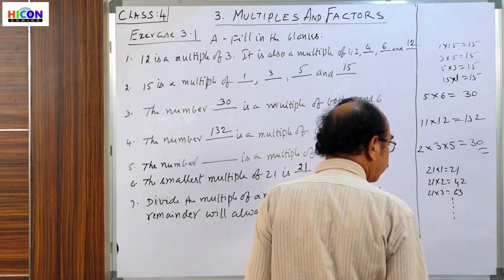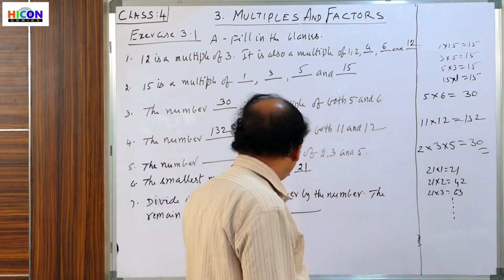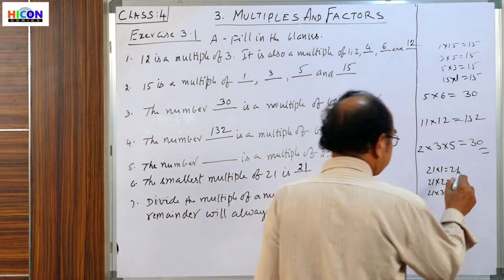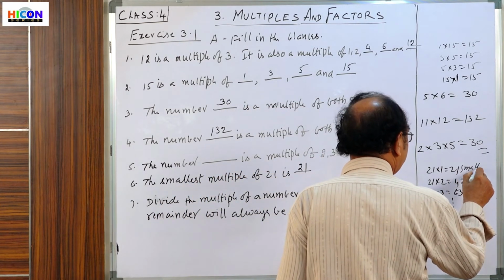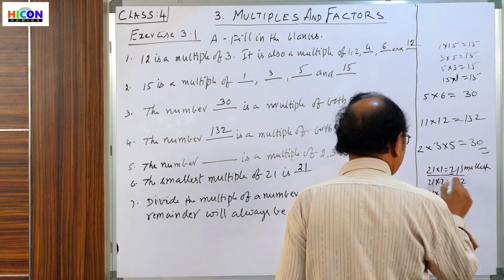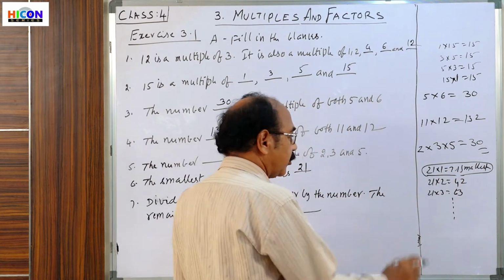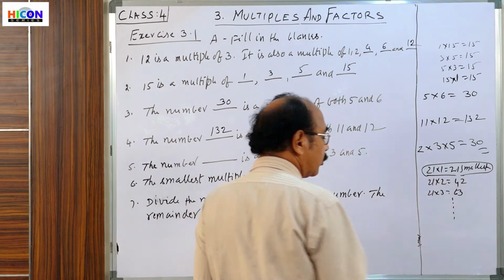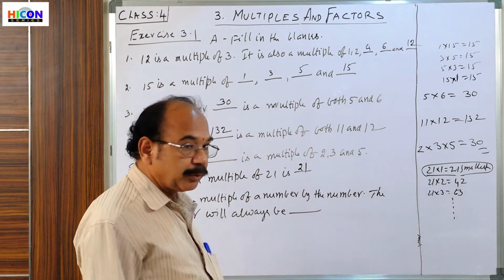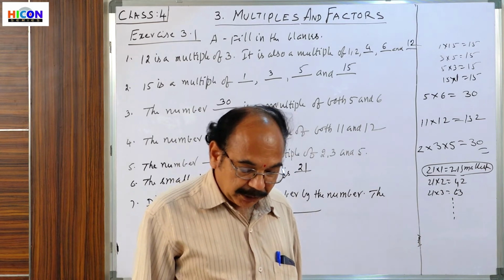Like this, the table will go on. What we have to mention is the smallest. So here 21 is the smallest multiple of 21.